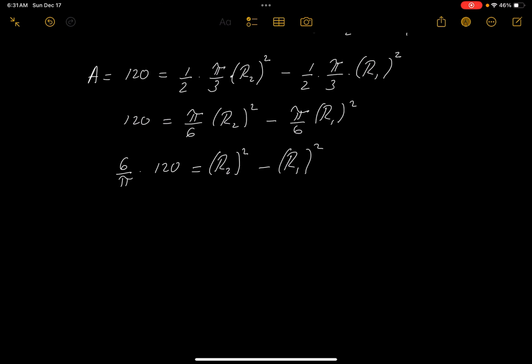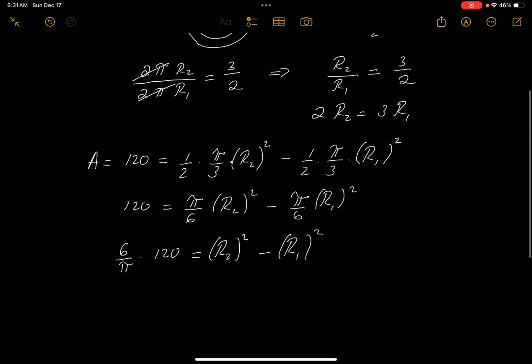Now the question is, I have to find the radii of the circles, and I think I can do that now, because I get a relationship between R1 and R2 from over here. So 6 times 120 over pi equals R2 squared minus, well, what's R1 in terms of R2?